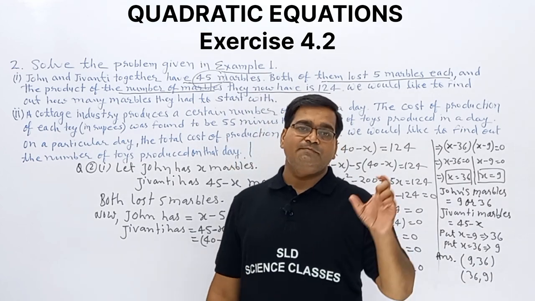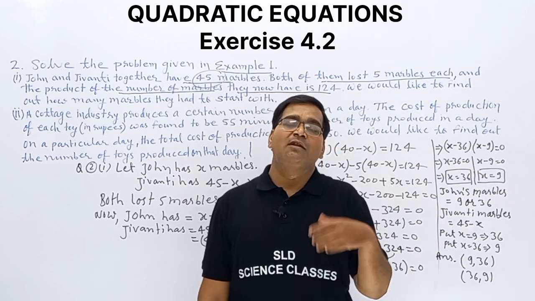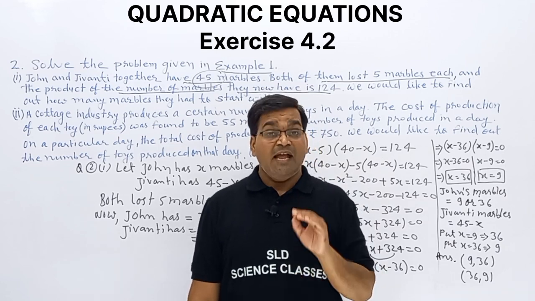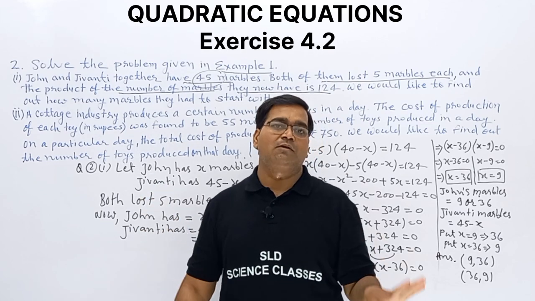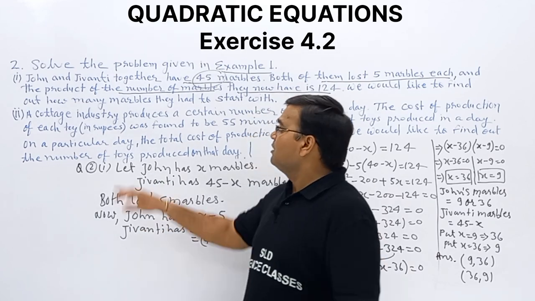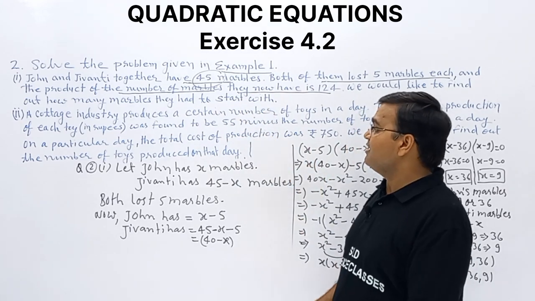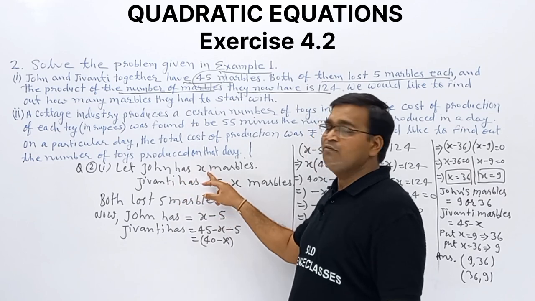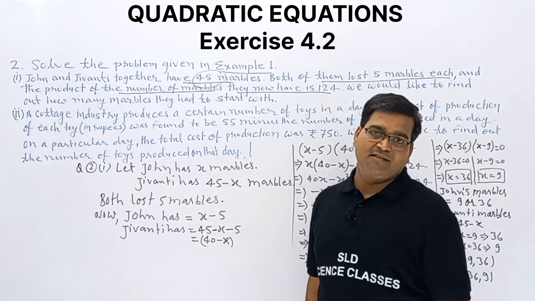This is a small, big question, but once you understand the situation, you can develop the quadratic equation and solve that equation. First, in the situation, we will assume what we want. So what do we want? How many marbles they had to start with. In the starting, John is having, we are assuming, x, and Jeet we are having 40 minus x.